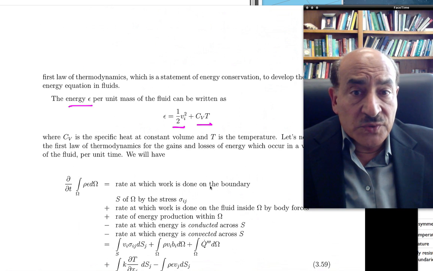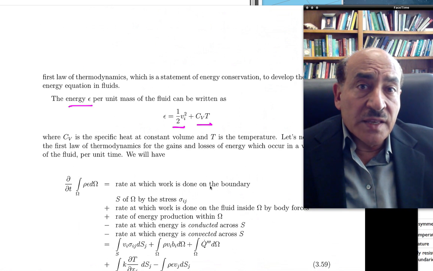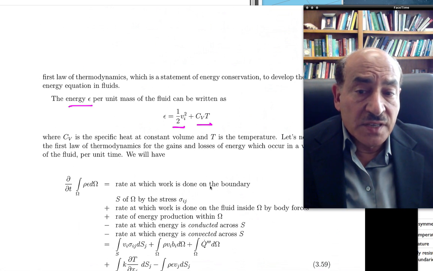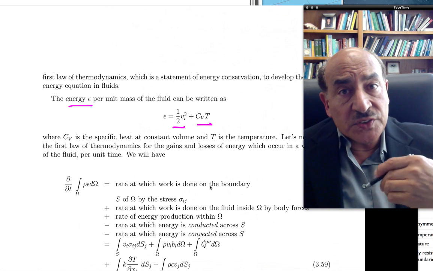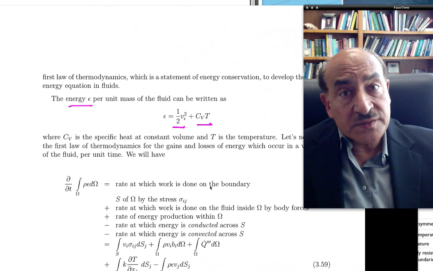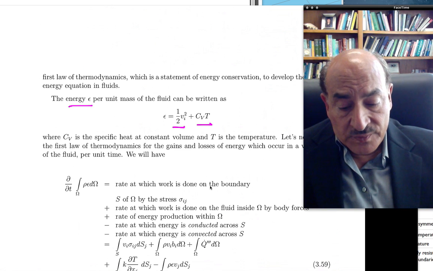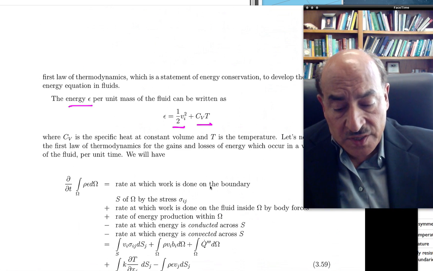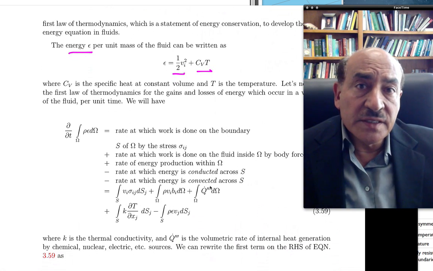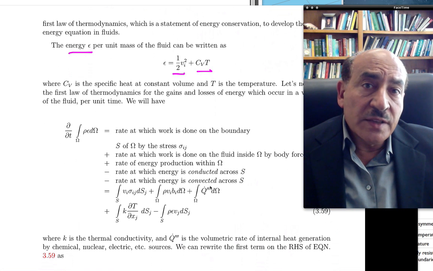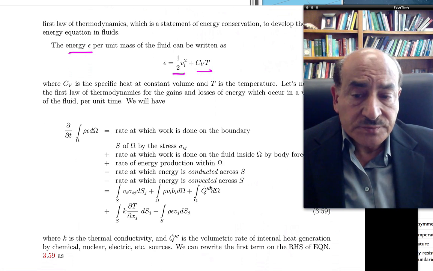And then we will do a first law of thermodynamics conservation of total energy. We're going to do it per unit time, so it would be conservation of total power. So let's look at the different terms in the power conservation equation.